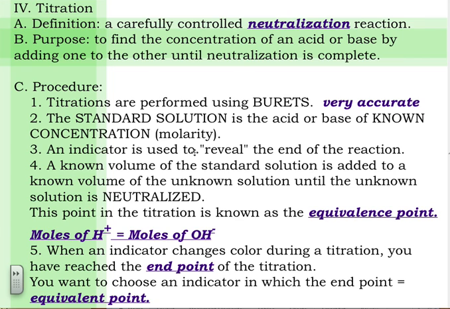And you always add an indicator so that you can see when your titration's done. Then you add your standard solution to your unknown until you get a neutralization. And you pick the right indicator so that when you reach this equivalence point, the indicator changes color.